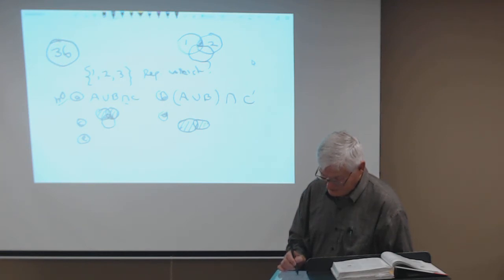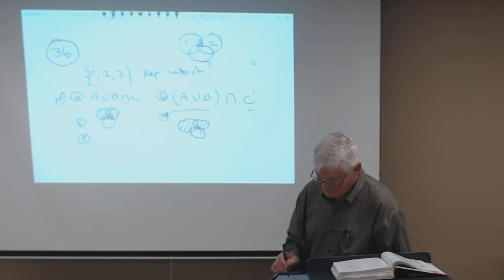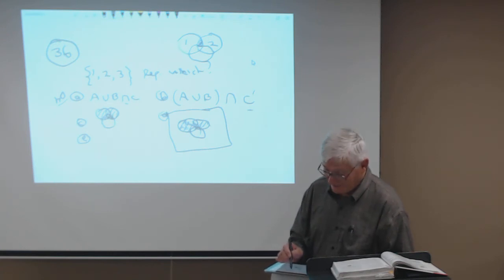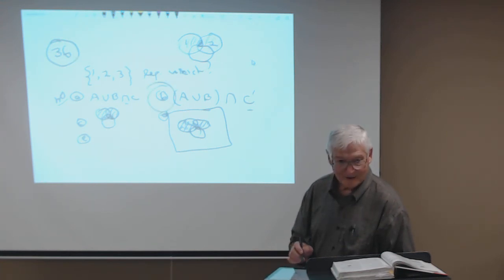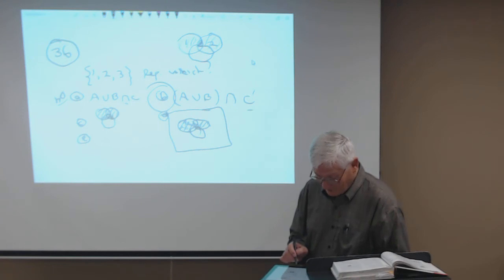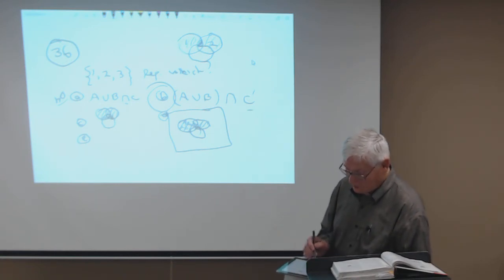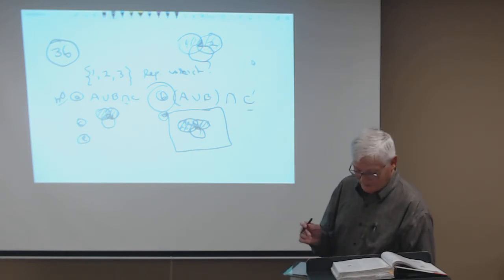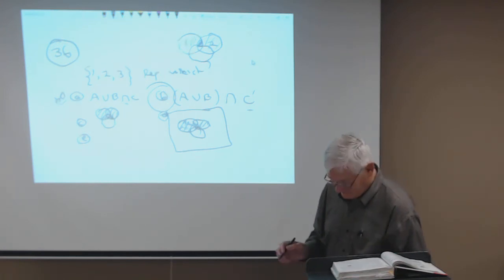Here's C. And I want the complement of C, so that's everything in the universe outside of C, which is this region here, and this region here, and this region here. Does that look like my region up here? Yeah. Aha! B is the correct answer. But you see what would happen if it wasn't B, then you would try C, then you would try D, and if none of those work, then you would say none of the above.